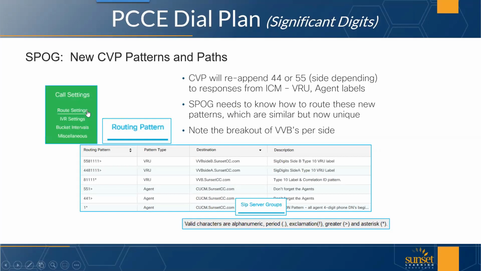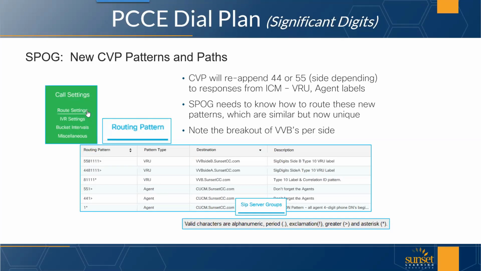In the SPOG, we need to create new CVP patterns and paths, because if it's going to take numbers back off, then the SPOG needs to know how to route these new patterns, which are similar, but now unique.